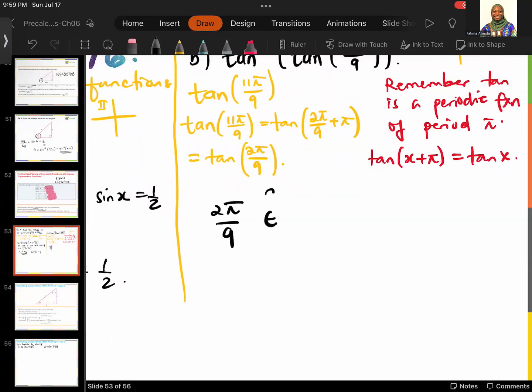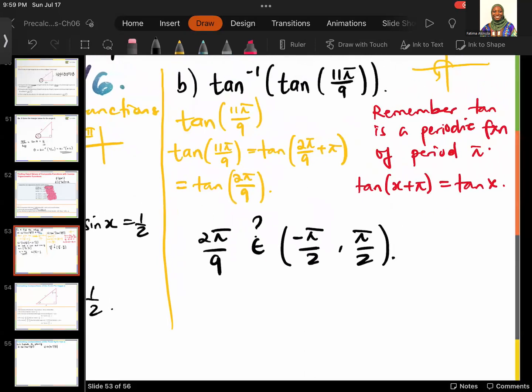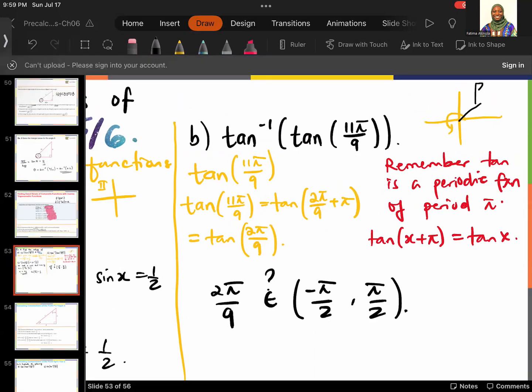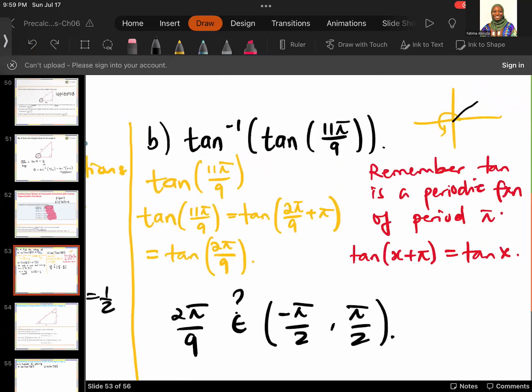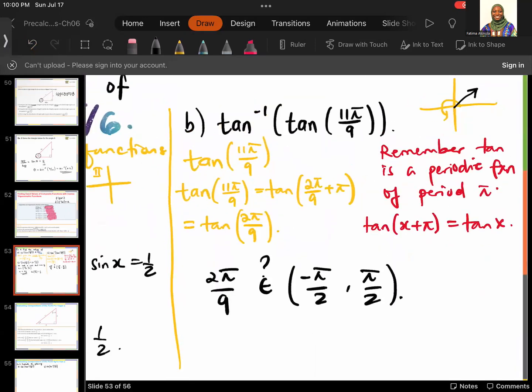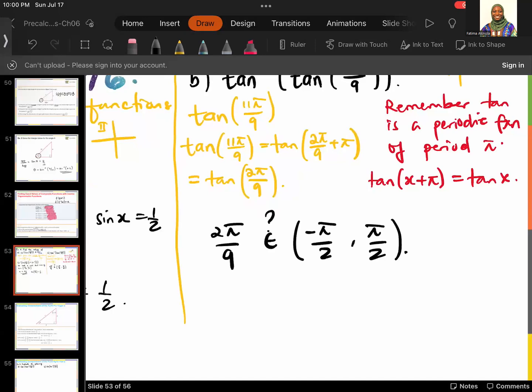So the question now is, is this within -π/2, π/2? 2π/9 is definitely in the first quadrant. I'm having connectivity issues today.